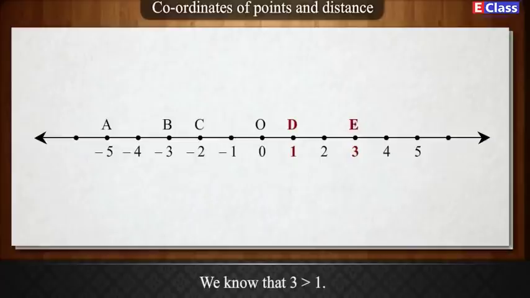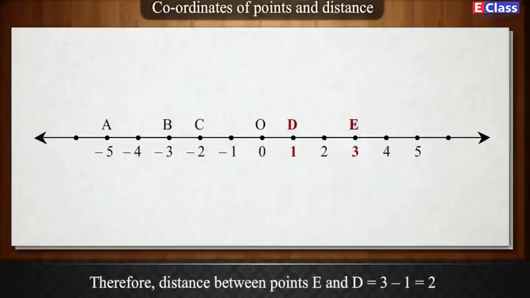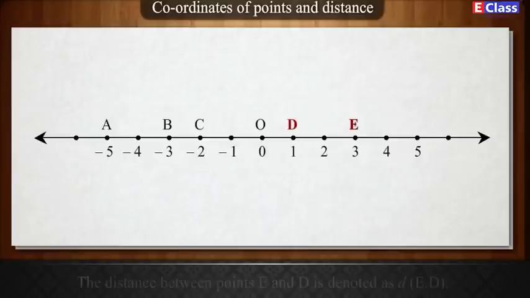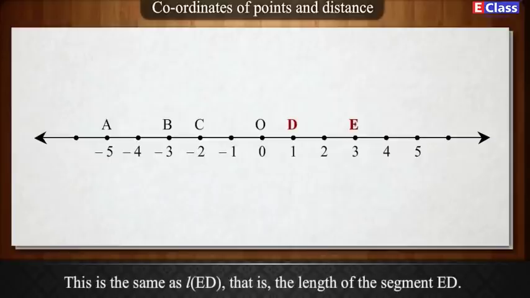We know that 3 is greater than 1. Therefore, distance between points E and D is equal to 3 minus 1, which is equal to 2. The distance between E and D is denoted as d(ED). This is the same as length ED.